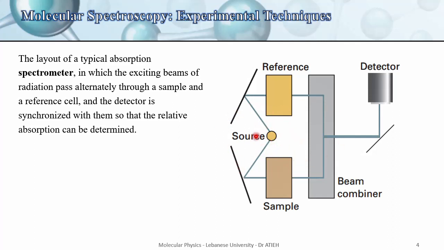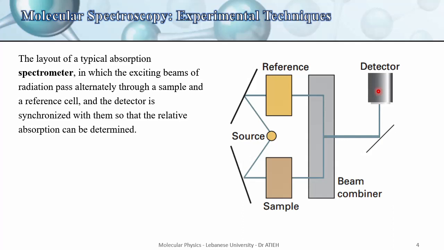This is a typical absorption spectrometer. This is a source that emits a range of frequencies of electromagnetic radiation that passes through a reference cell and a sample. Here they are reflected by two mirrors, and it passes through a sample and through a reference, and then they are collected to reach the detector so that the relative absorption can be determined.